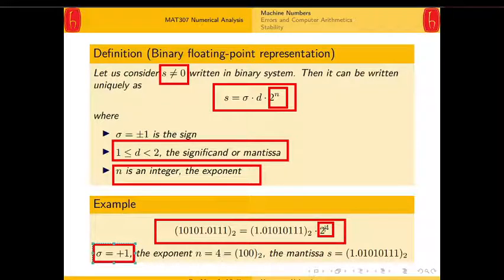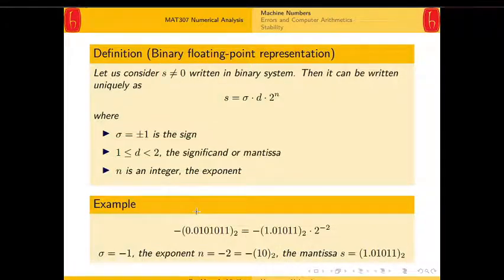The exponent will be 4. If you want to represent this 4 in the binary system as well, this has to be 1, 0, 0, because if you convert this to a decimal number, this will be 0 times 1, 0 times 2, and 1 times 4. So 1 times 4 will be basically 4. And the mantissa will be this number we see here. So this is an example.